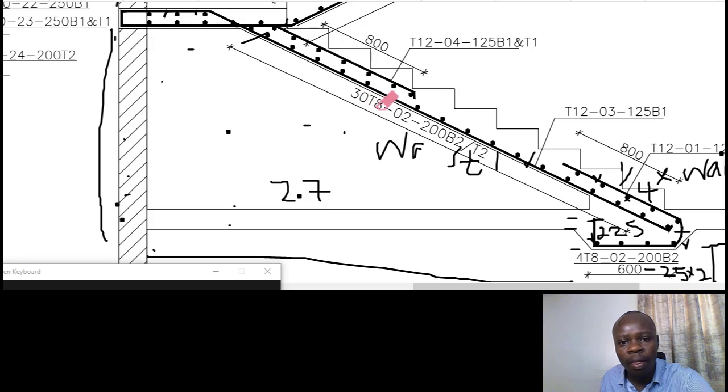We have 30 T802, 200 B2, and top 2. That means we have 30 of those bars, and the span in which they are placed is from here to this point downwards. They are the bars that are cutting across, the bars shown by the tip of the bars, all the way from here going up to this point, and they are bottom 2 and top 2.